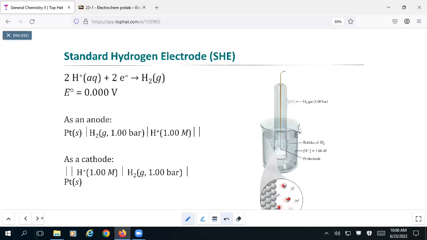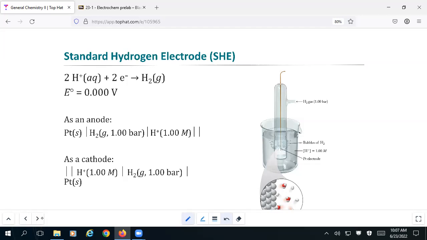So when we look at the standard hydrogen electrode here, what we will see is that it is using platinum as that conduit, as that wire that is allowing the electrons to flow in or out. Since obviously we can't use hydrogen itself.